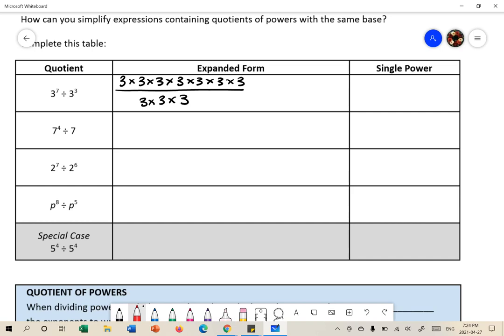So 3 divided by itself is equal to 1, or they cancel each other out. 3 divided by itself cancels itself out. One more time. So now I'm left with 3 times itself 4 times in the numerator.